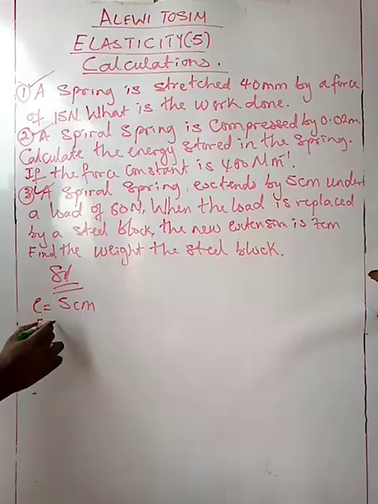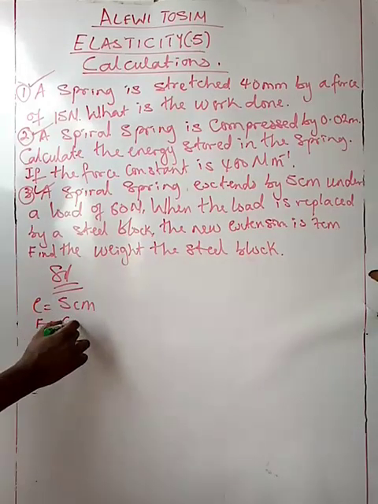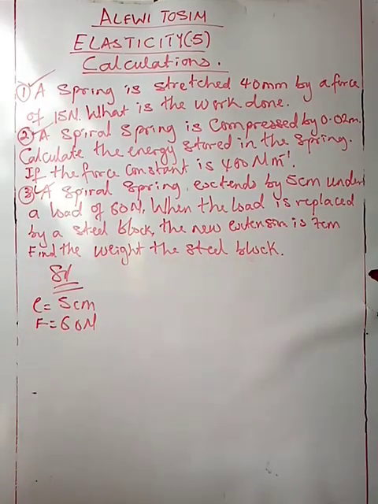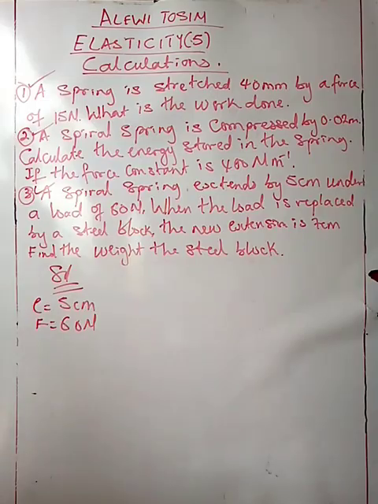Load, which is force, is 60 Newton. When the load is replaced by a steel block, the new extension is 7 centimeters. Now we have to find the new load that was replaced.